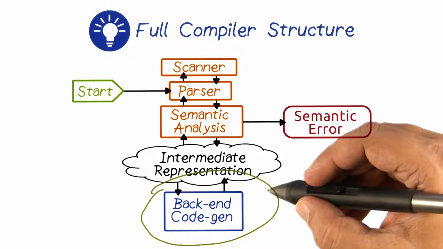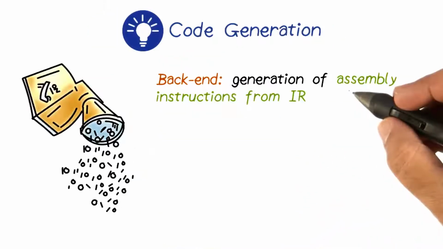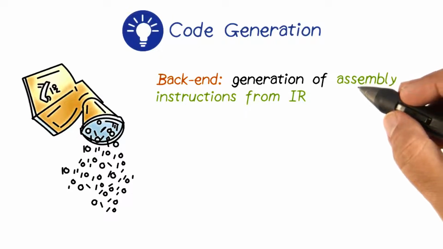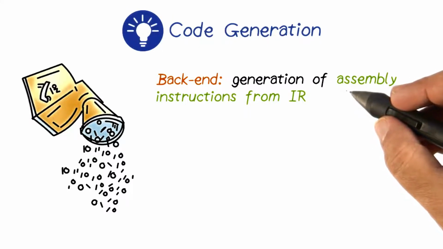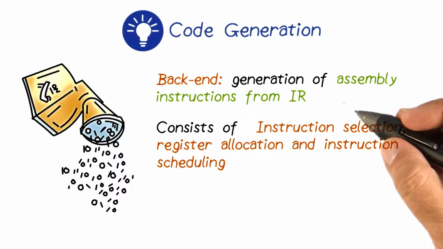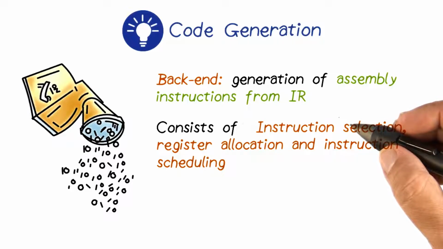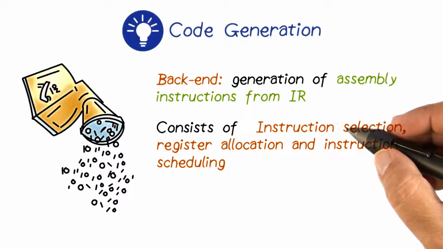The latencies are present in two types of instructions typically: load stores going to the memory and branches which create a bubble. So focusing on the back end, the idea is to be able to generate the assembly instructions from the intermediate representation. And as I mentioned, these steps consist of selecting the instructions for the different operations, doing register allocation in which we allocate registers to the operands, and then finally scheduling these instructions for efficient accesses.